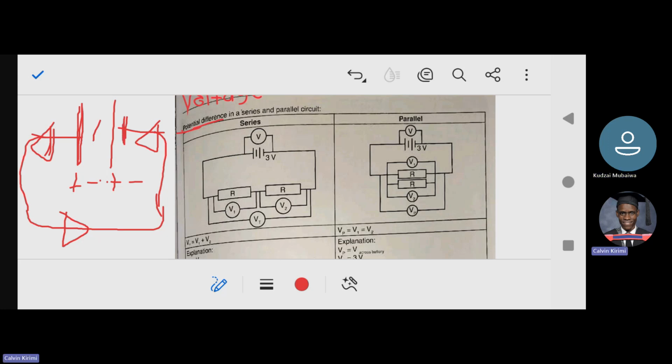So current always starts moving from the positive, then it flows until it comes back to where it started from, the negative. That's how current moves.